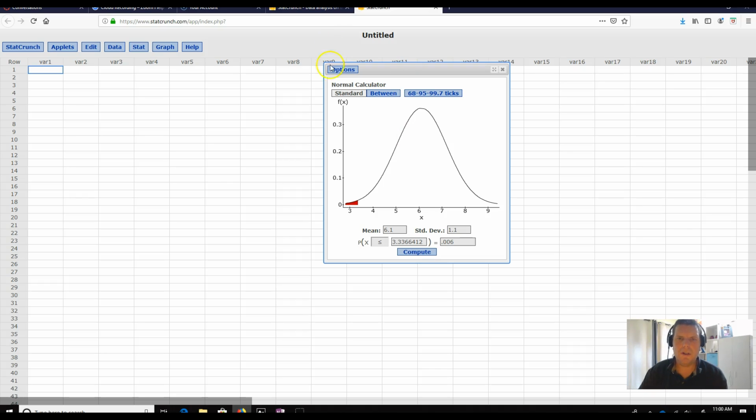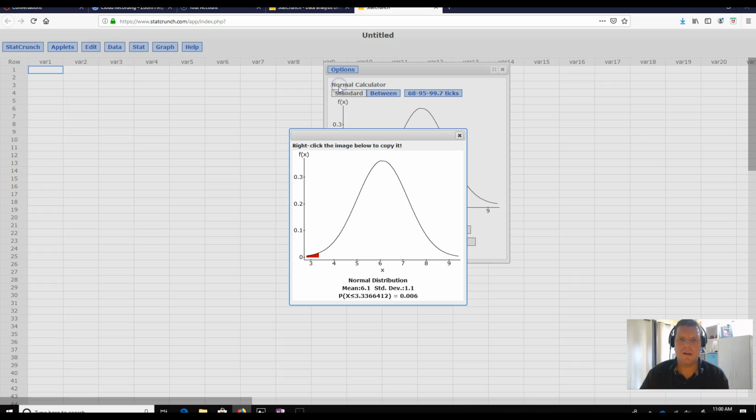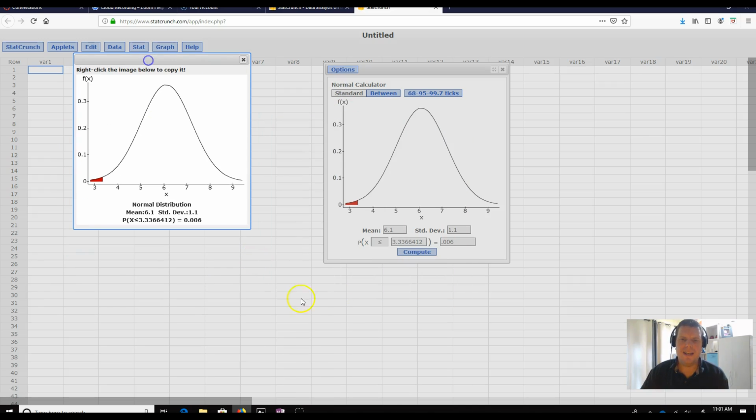Oh, cool. Well, look at that. I'm going to copy that. So first, I put in my mean and my standard deviation, just like if I was finding a probability. But in this case, instead of putting in a value for the random variable, which I've been doing in previous ones, I'm going to put in the probability, or the area that's going to be covered.